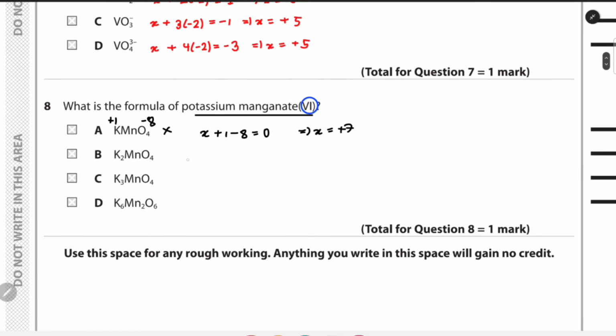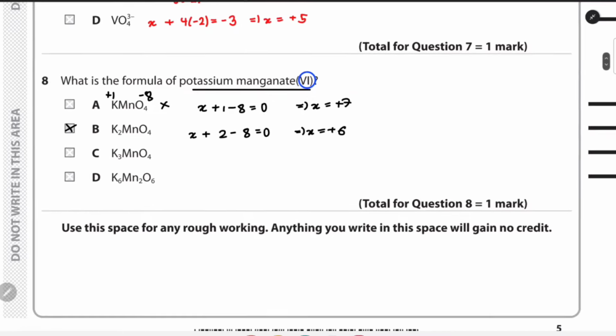If I look at the following one, we have X plus 2 minus 8 is 0. We'll have X is equal to plus 6. B is our answer. If I explore the other options, I'll have X plus 3 minus 8 is equal to 0. From here we get X equals plus 5.